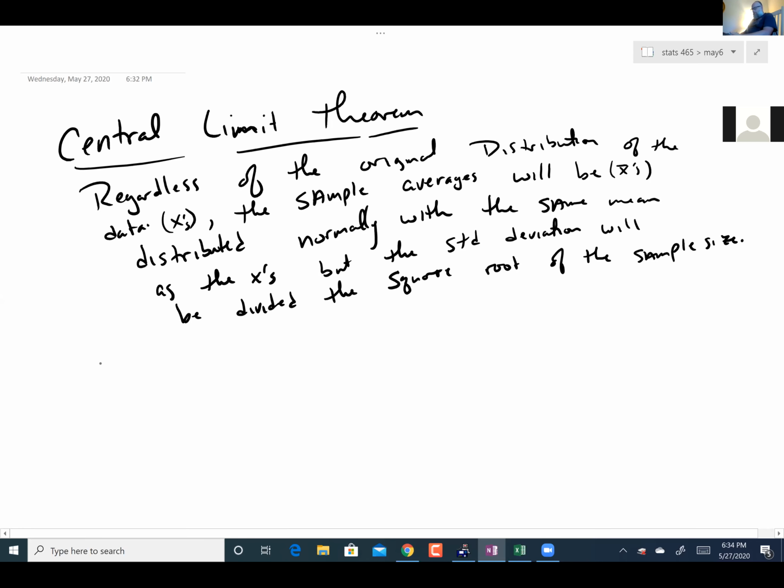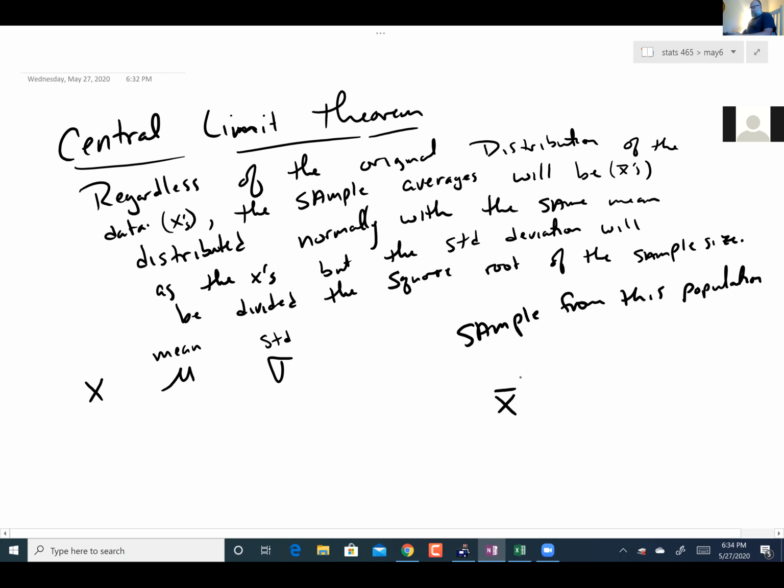Okay, so in other words, it says this: the x's will have a mean, we'll call it mu. They will have a standard deviation, we'll call that sigma. We know nothing about how they're distributed, and we don't care. We are going to take a sample from this population, and from that sample we will find our x bar.